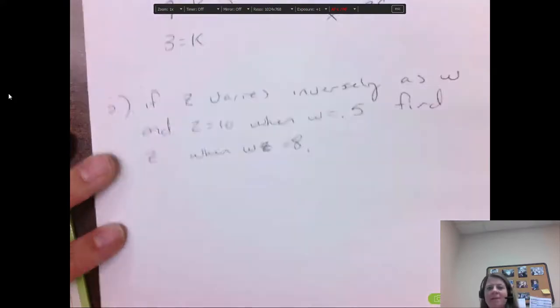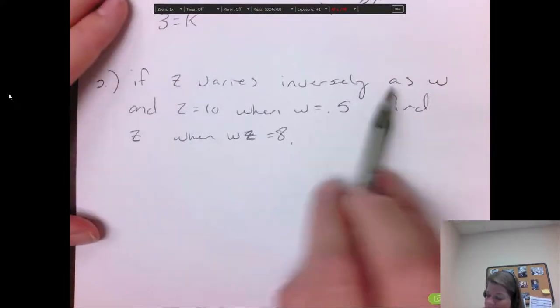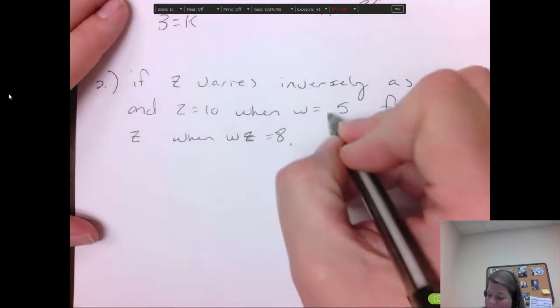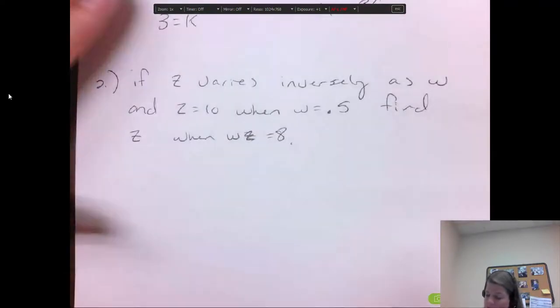Okay, so if z varies inversely as w and z is 10 when w is 0.5, find z when w is 8.